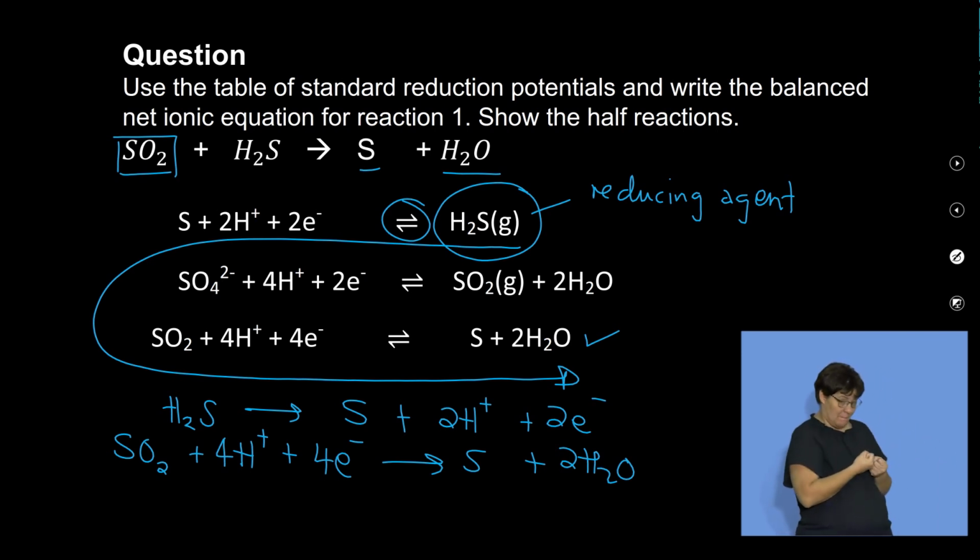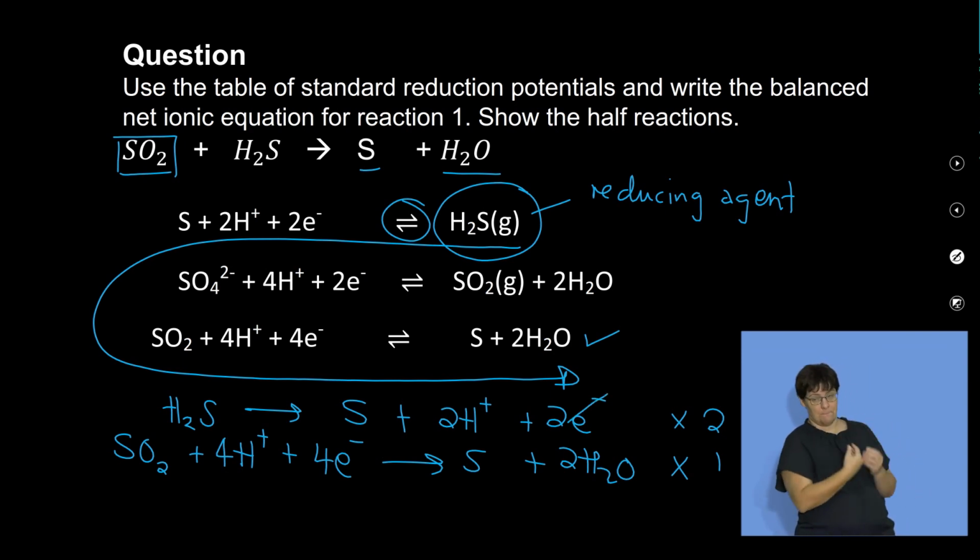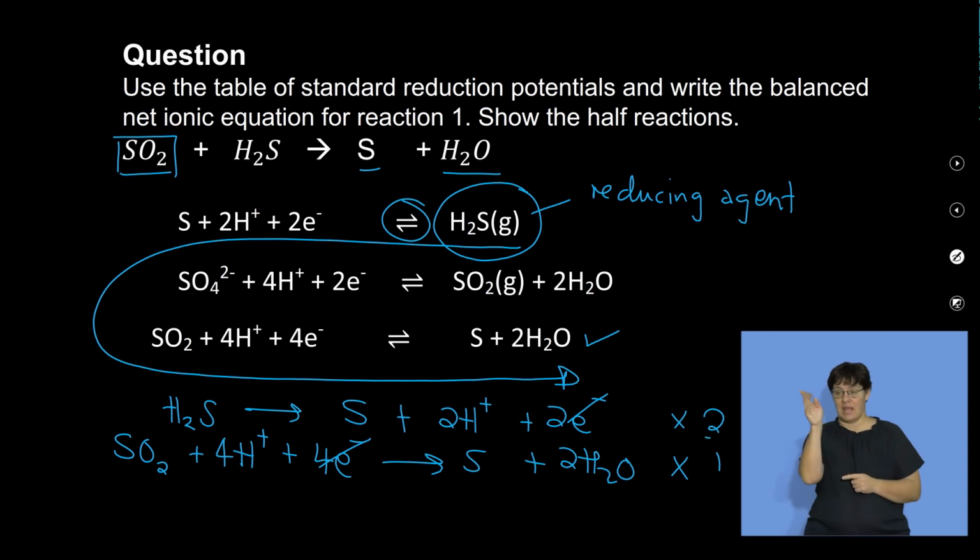So we'll multiply this one by 2 and the reduction one by 1 so that we have 4 electrons lost and 4 electrons gained. So the 4 electrons will cancel out each other because we've multiplied by the 2. Take note. And then what are we saying?